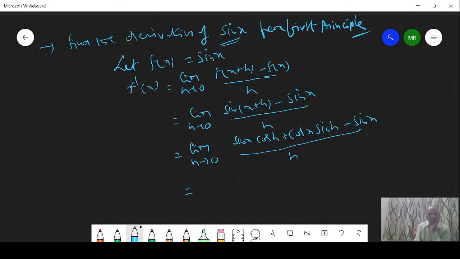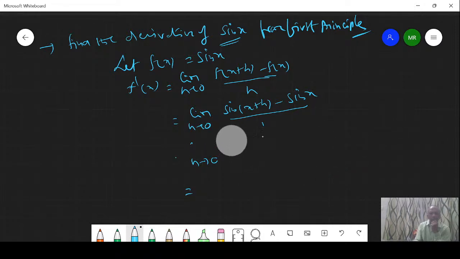If I split this, I should simplify: sin x into cos h minus 1 by h, plus cos x into sin h by h. Otherwise, I can tell you another way also.